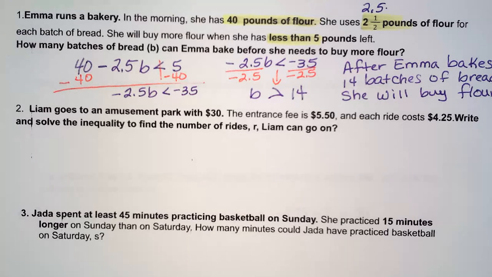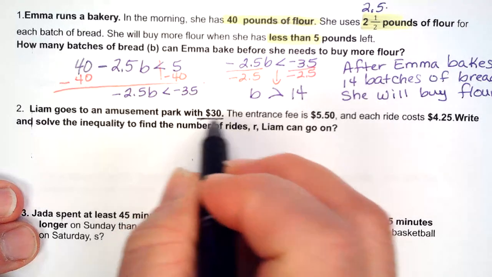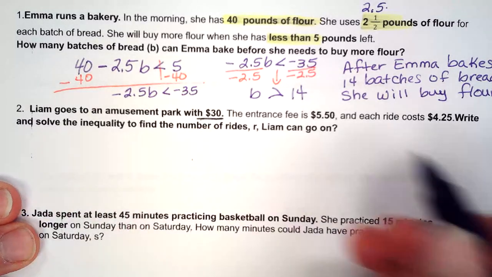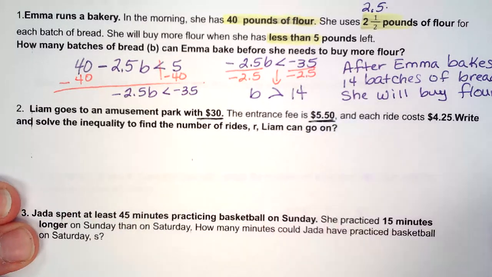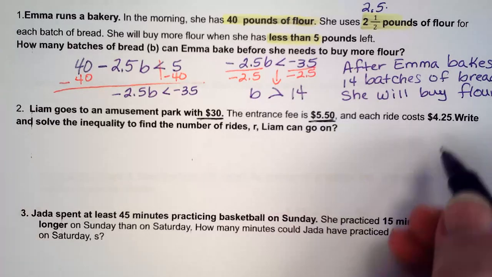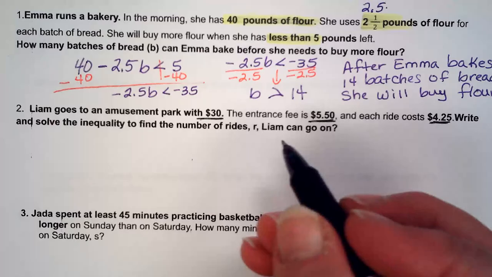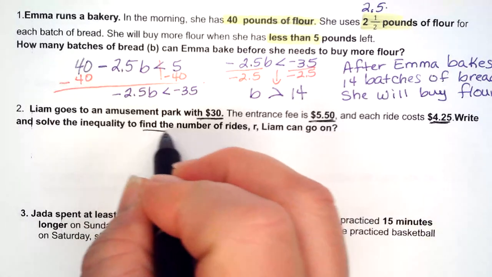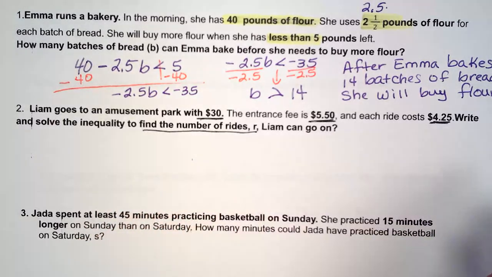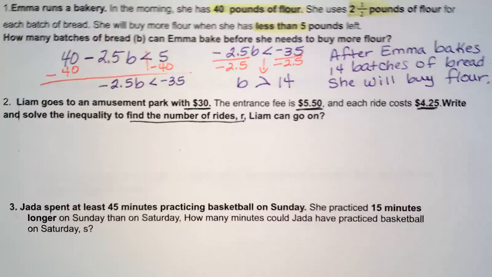So, if we're looking at it, he starts with $30. You notice it's highlighted. The entrance fee is $5.50, and each ride costs $4.25. And we're going to find the number of rides R Liam can go on.